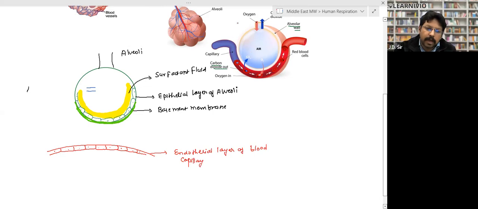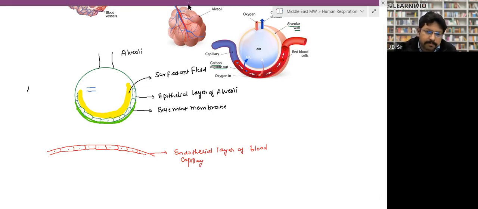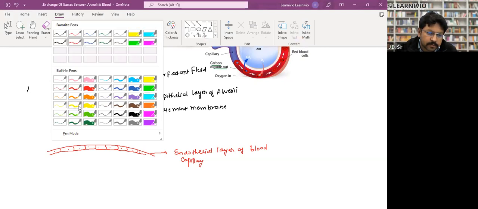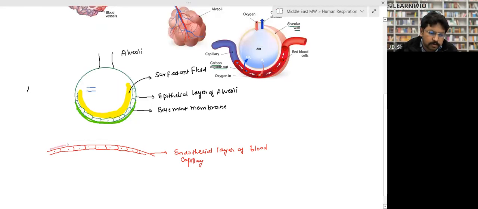And above the endothelial layer of the blood capillary, there is a layer, right? Above this one, there is a layer of material. This material is not surfactant. This material is also called basement membrane.